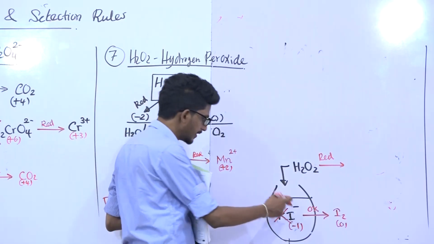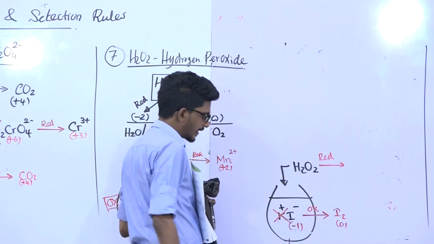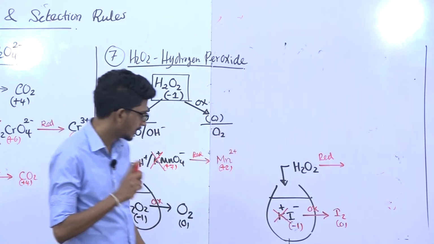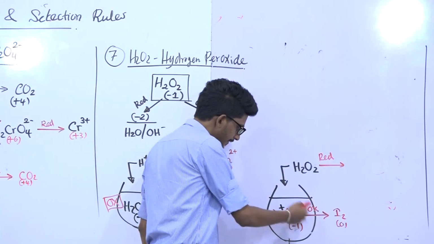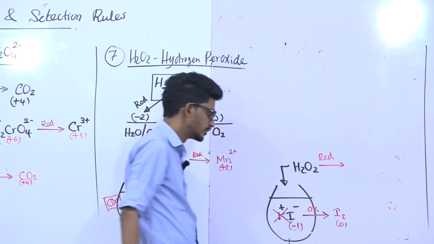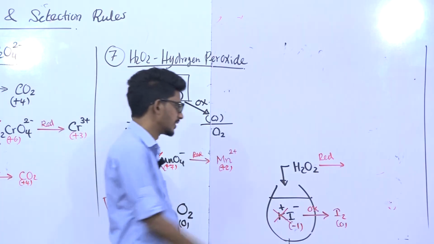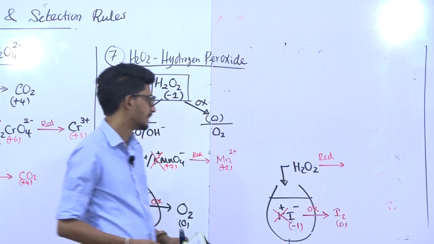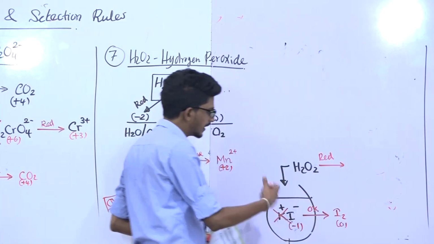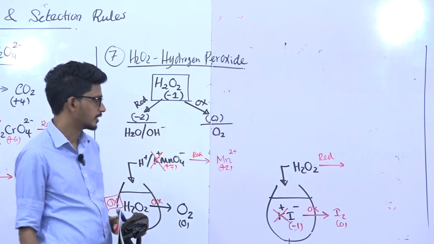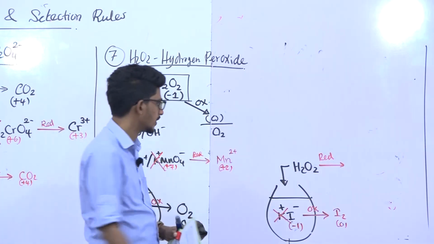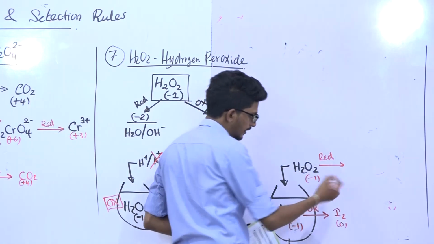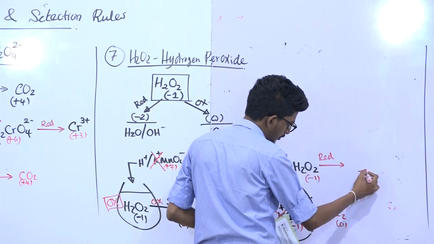As the only possible change for I- is the oxidation towards I2, at that point H2O2 decides to get reduced, all depending on what the other species do. H2O2 does the opposite. So H2O2 reduction means -1 should get reduced, normally to -2.